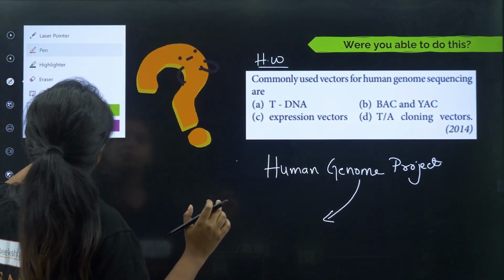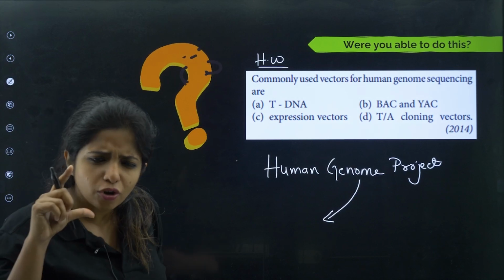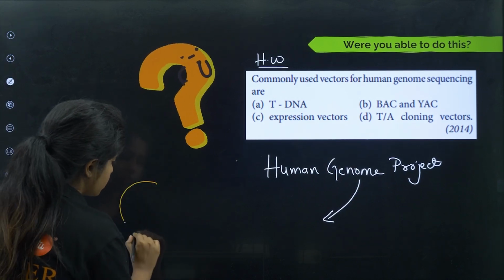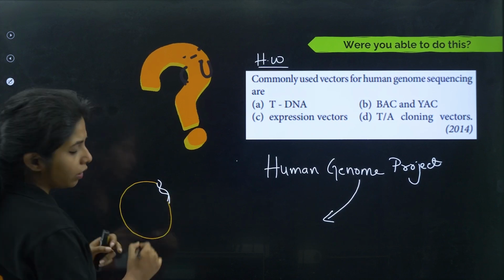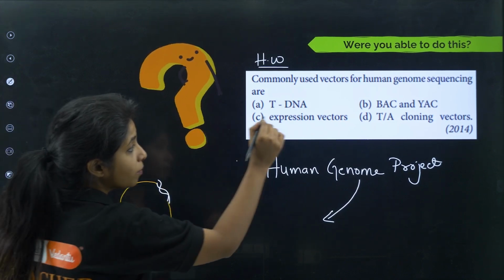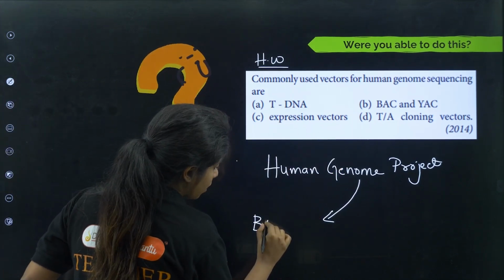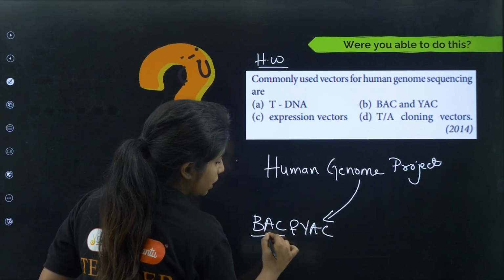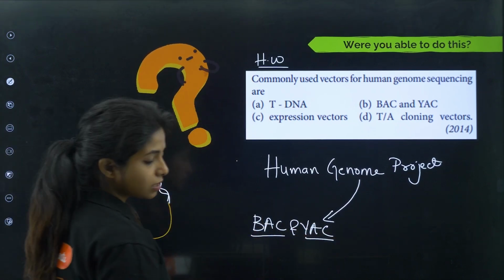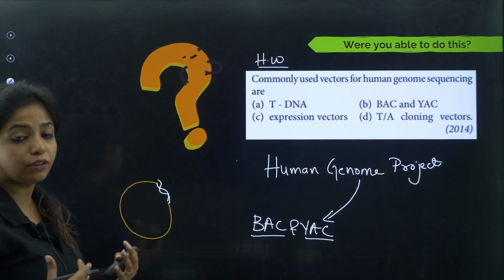Usually the plasmids that you see have a shorter gene of interest sequence. For example, this is a plasmid, and you can put short gene of interest sequences over here. But when you talk about BAC and YAC, bacterial artificial chromosome and yeast artificial chromosome, one is used in bacteria and the other in yeast. How are they different?